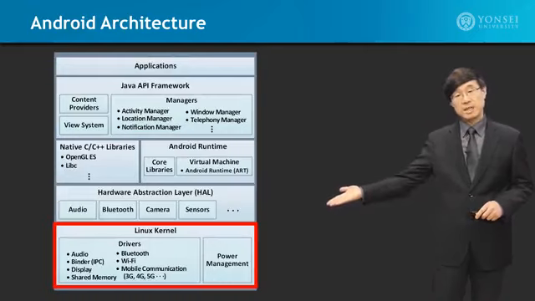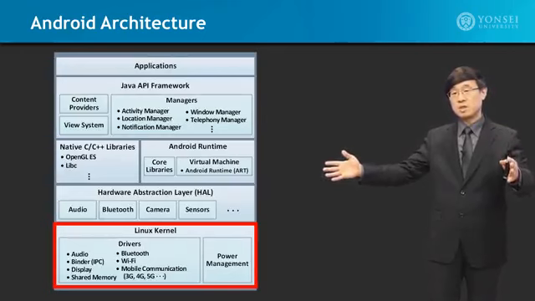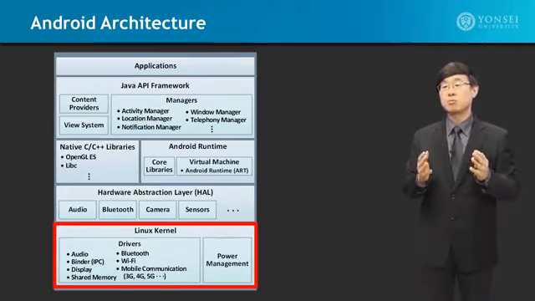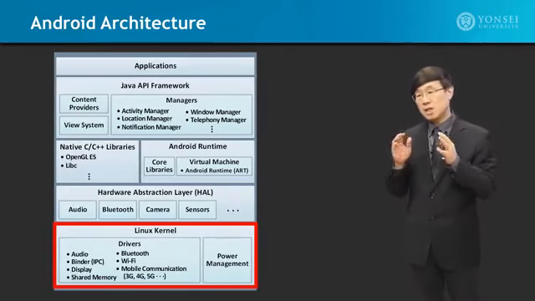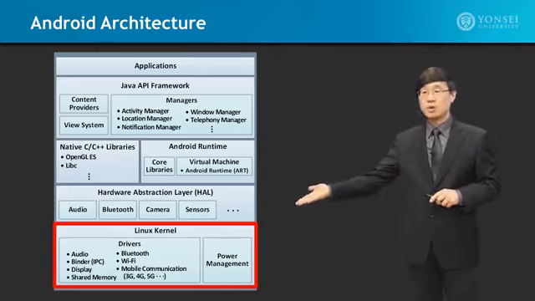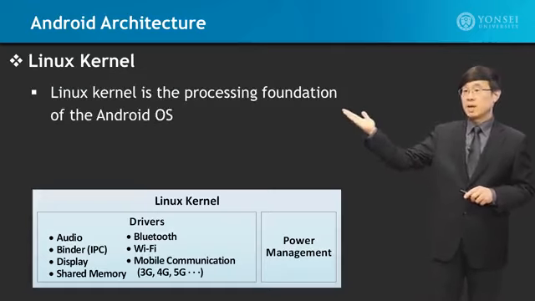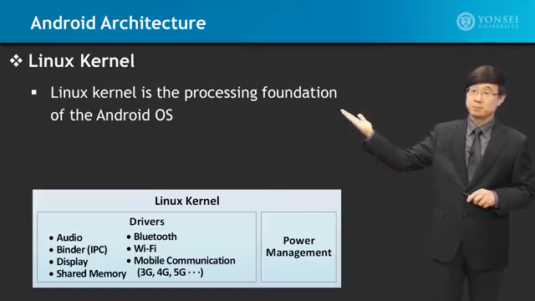Then comes the Linux kernel. All of the operating system units that you see here need something to process it. In addition, they need memory access and power management as well. And that is what the kernel does for you. Here, the Linux kernel is the processing foundation of the Android operating system.